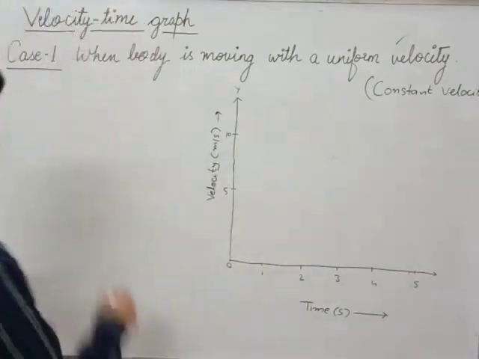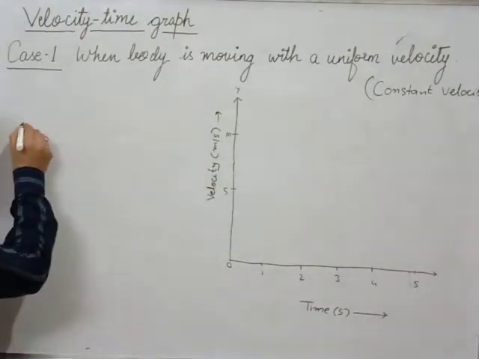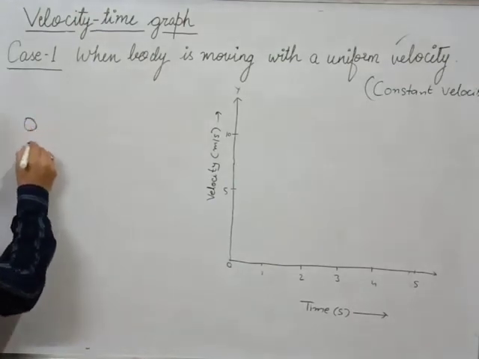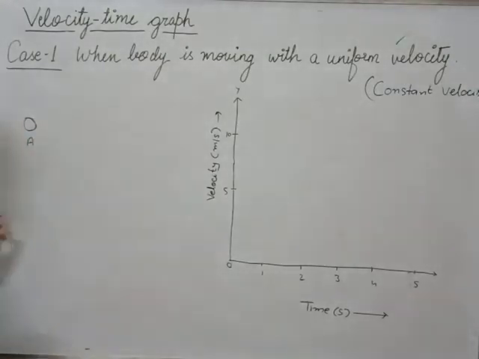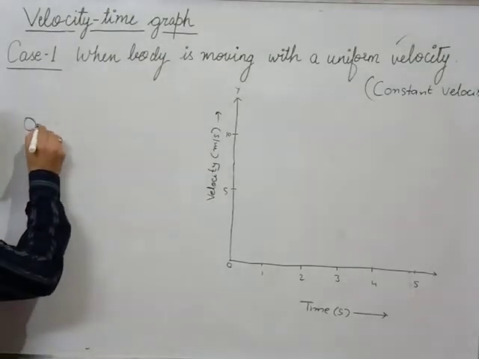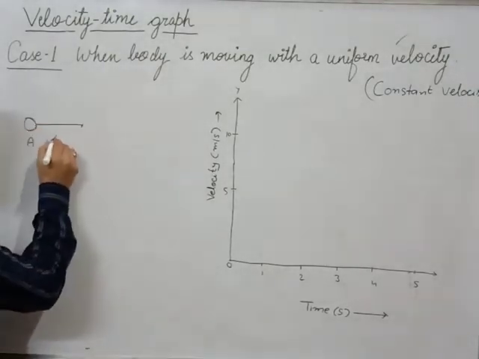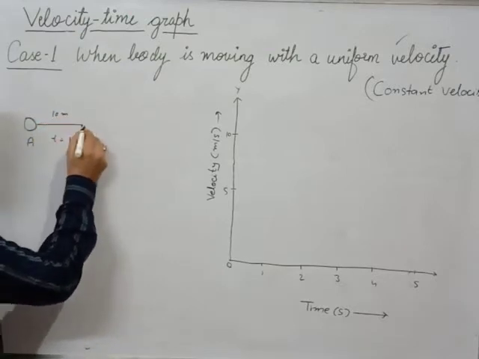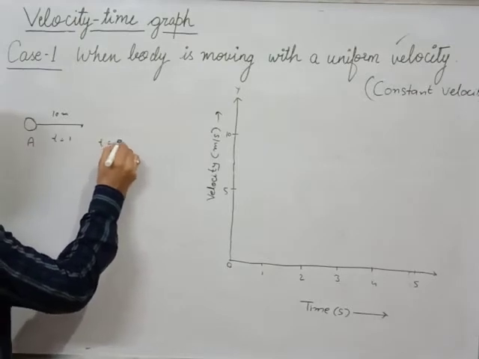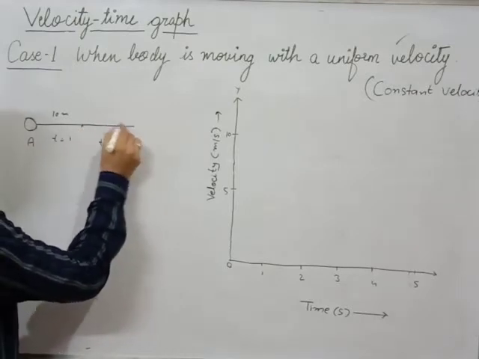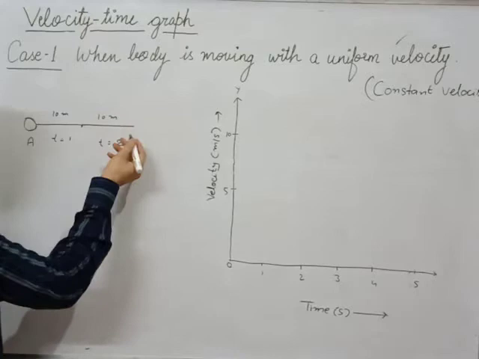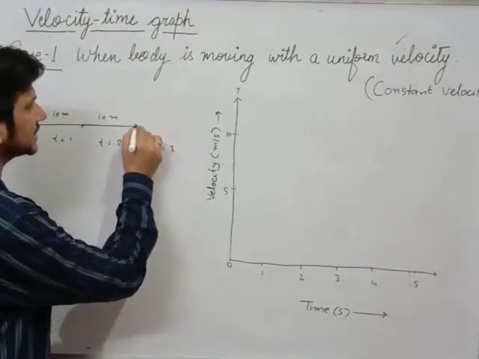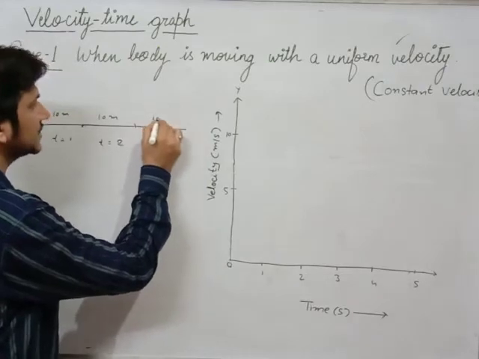Now suppose, for example, a body starts moving from A. After 1 second it has covered 10 meters, and then the next second it covers 10 meters, and then the third second again it covers 10 meters.